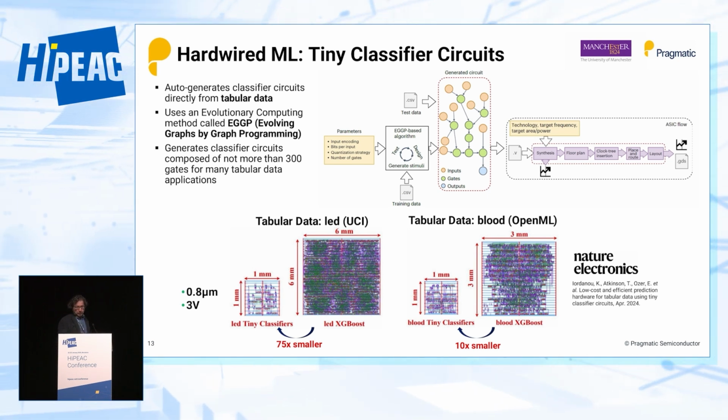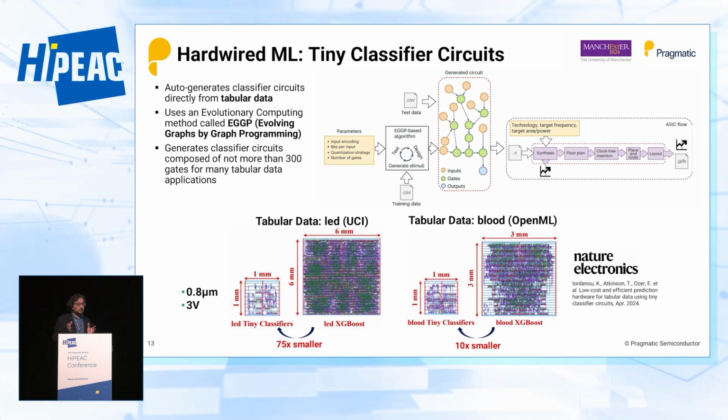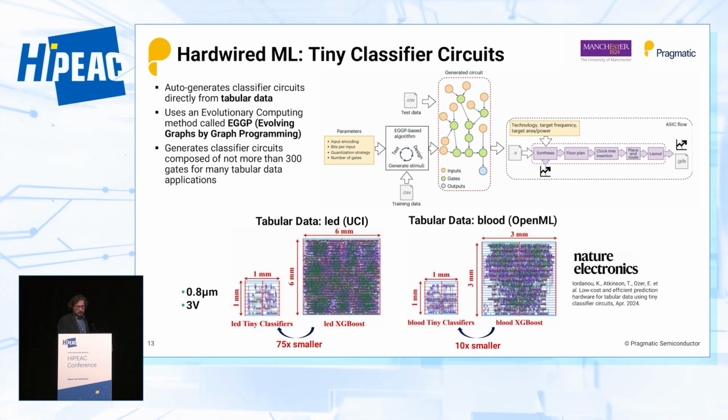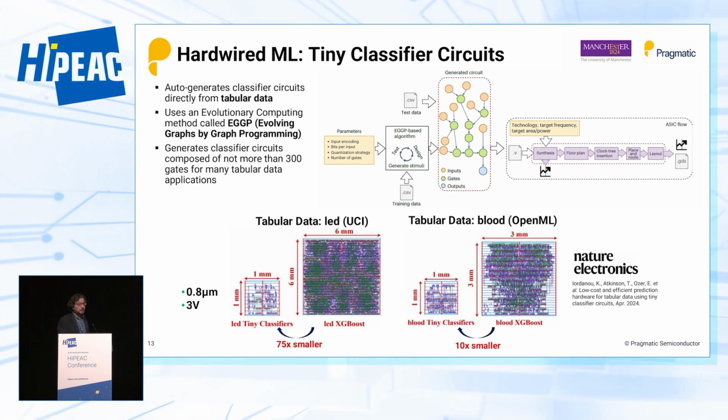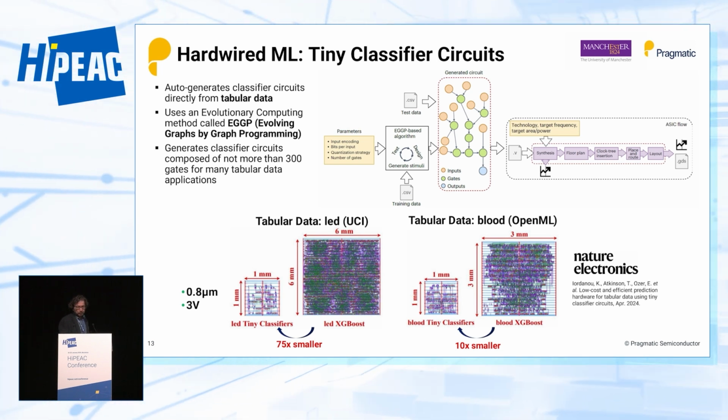Obviously we can't build multiple chips for each data set. So we chose 2 data sets, and we built the tiny classifier using our 0.8 micron, which is an older technology.